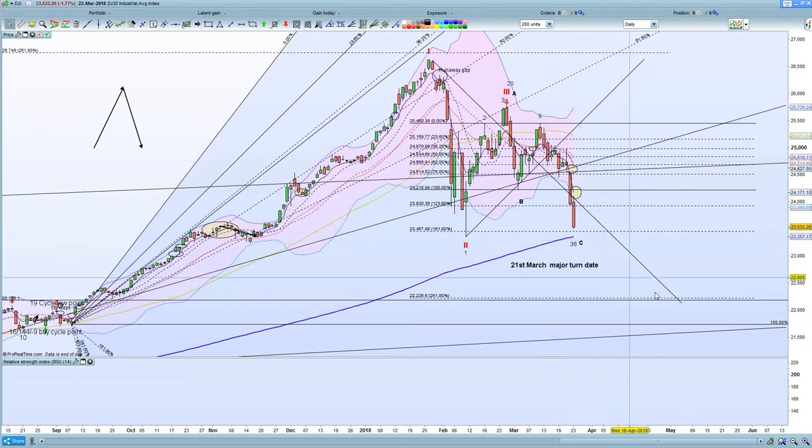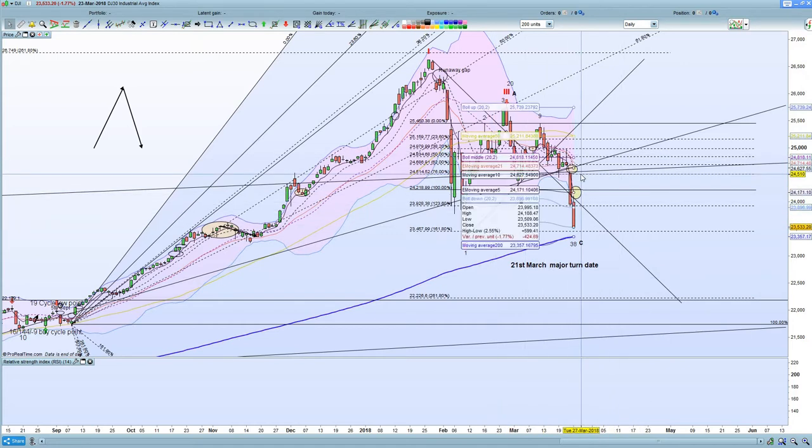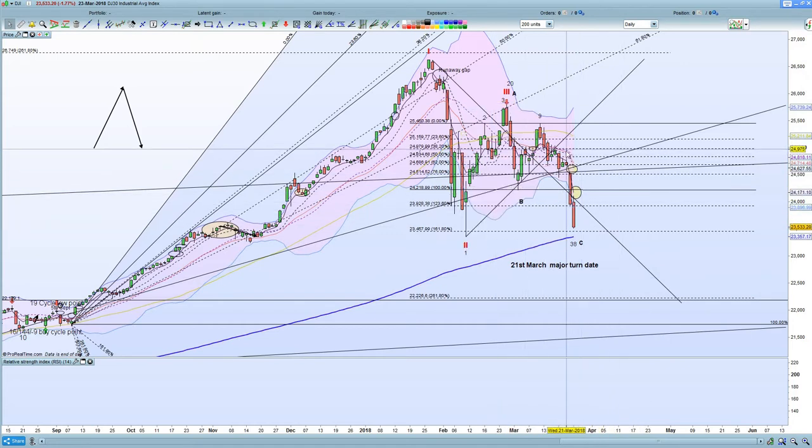here we have the Dow Jones 30 Index. Over the past few sessions, we've had another accelerated sell-off.